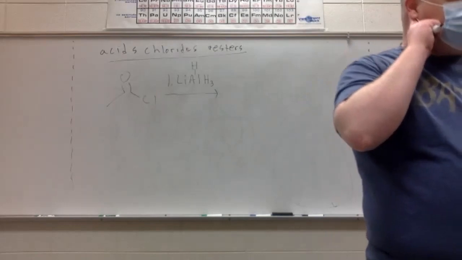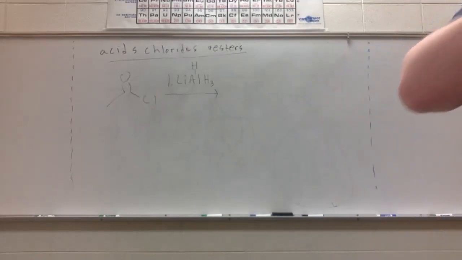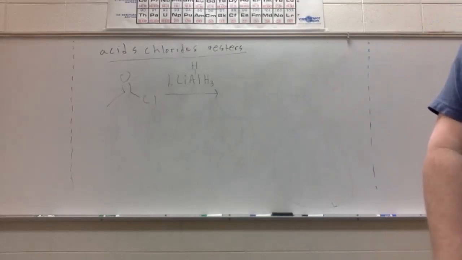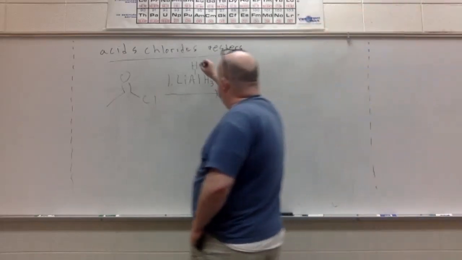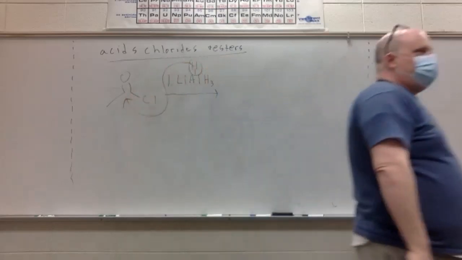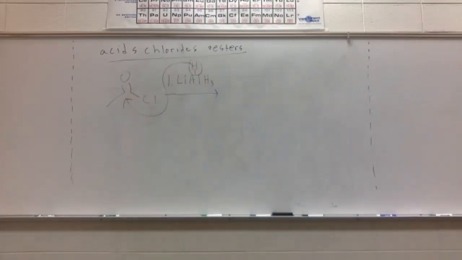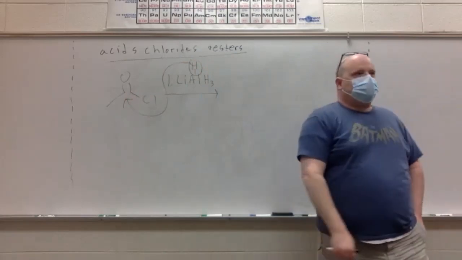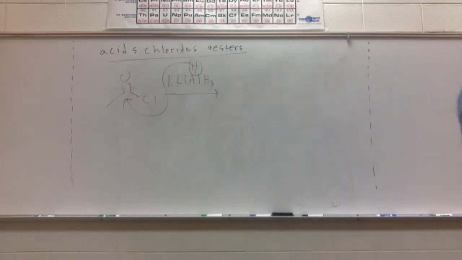What's that? I'm sorry, Marissa, I couldn't hear you. Yeah, just like we saw previously, we're going to get attack at the carbonyl carbon. Yep, partial positive, a great spot for an H minus to attack. What's going to happen in turn? Well, that would give that carbon 5 bonds, which is a big no-no, right? So something's got to happen.